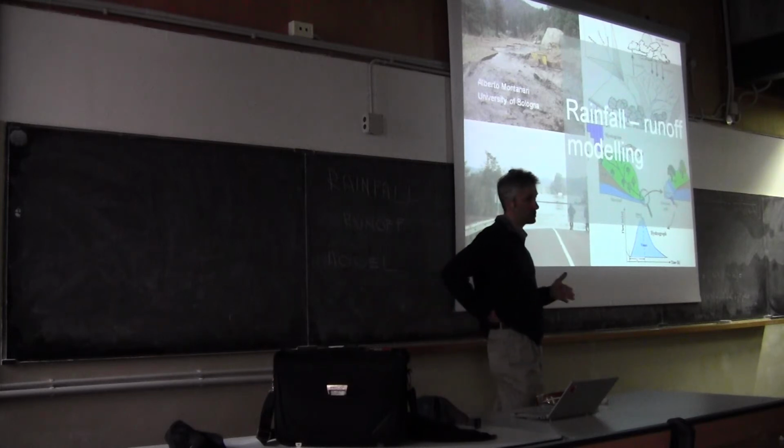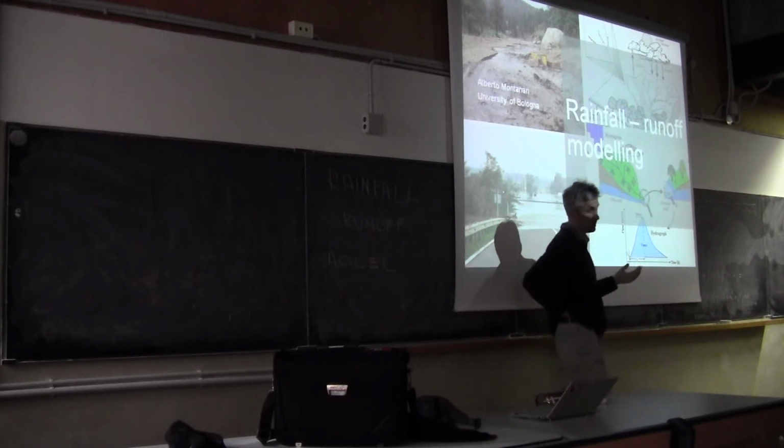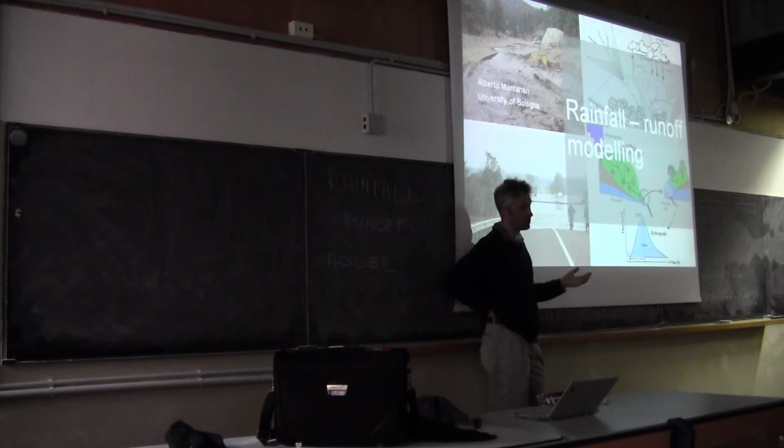For instance, prediction is needed when you see that a flood is coming, and you want to decide if we need to evacuate a region, some houses or not. This is a typical application of real-time flood forecasting, which we will not consider in this course.